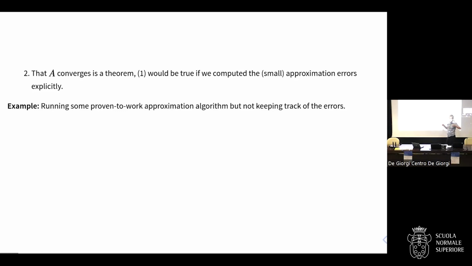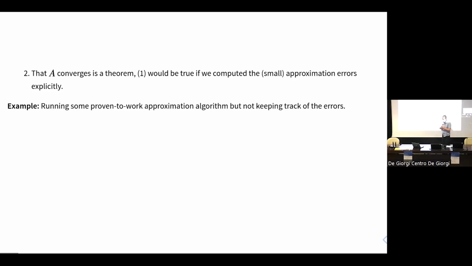If we computed all of these, which we know is small, then we could get a theorem out of it. Basically this is what people do a lot. If you simulate your ODE, run it over some medium length time period on your computer using your algorithm, this is actually in this category.